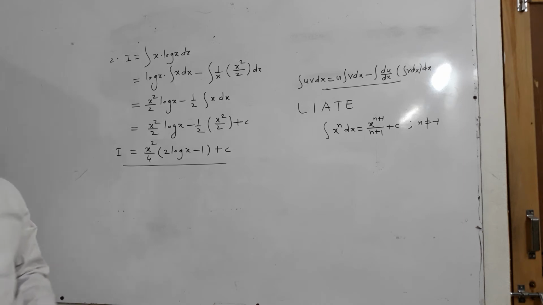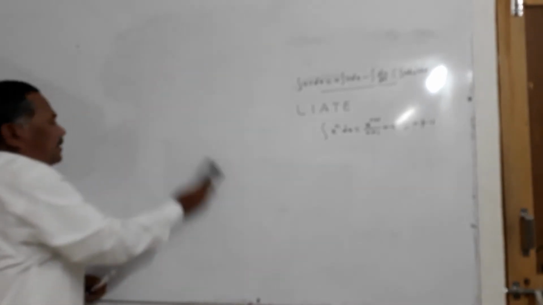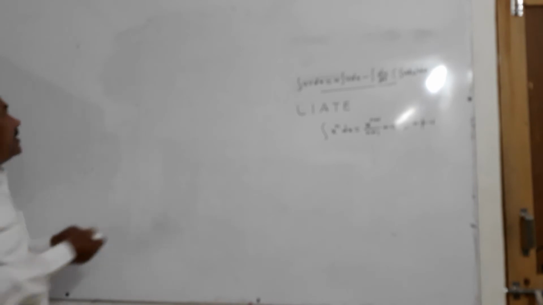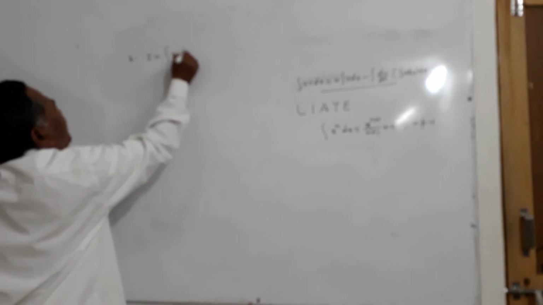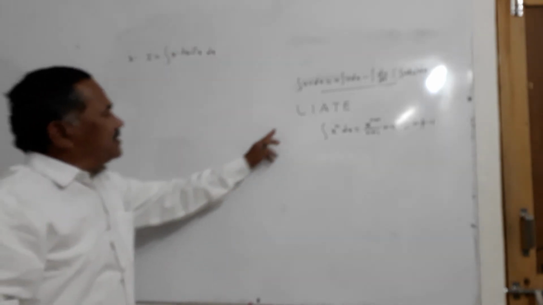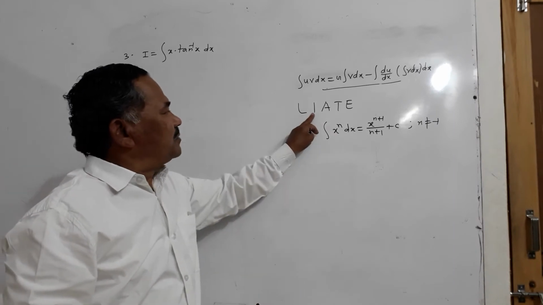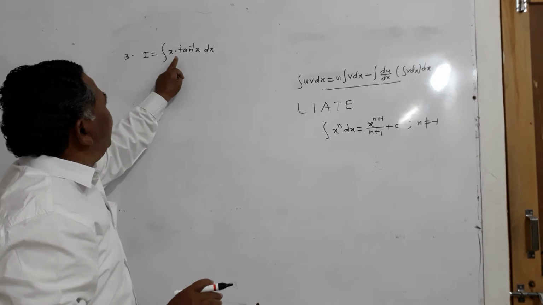That is very simple. Then here next example we take number 3. Example number 3: I equals integral of x into tan inverse of x dx. Again this terminology we apply. I means inverse function, A means algebraic function. Therefore, which function is first?